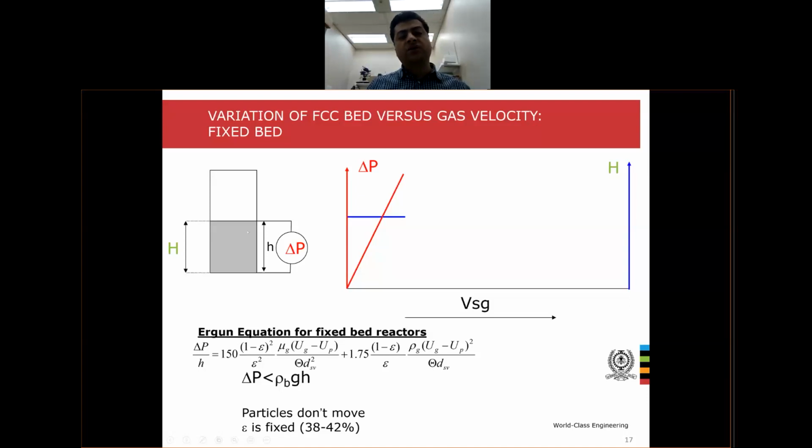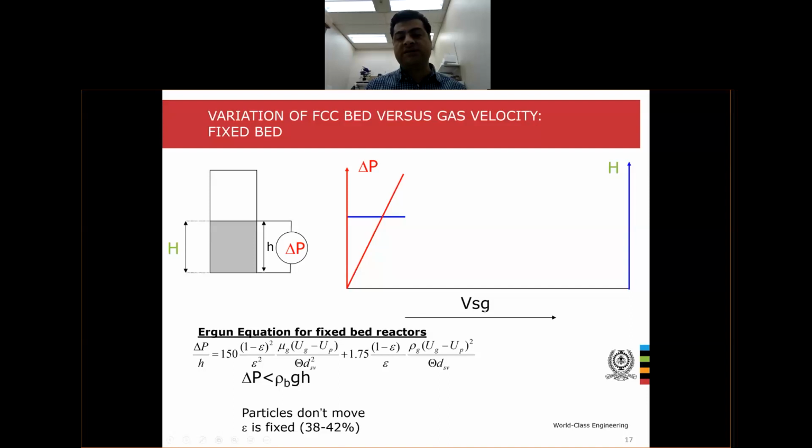But also, you have to measure the pressure drop, delta P, in order to make sure that your reactor is fluidized. Okay, let's now move together to monitor delta P across the bed and H, which is the height of the bed, while you are increasing the gas velocity.